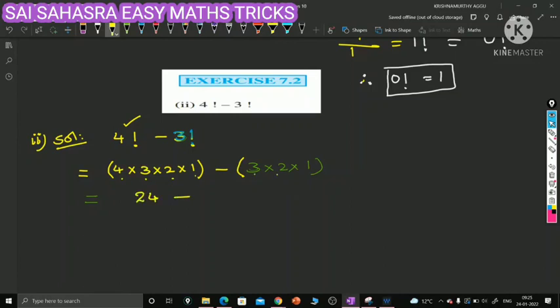Minus 3 into 2, 6, 6 into 1 will be 6. Finally, you can write 24 minus 6 is what? 18, isn't it? Therefore, 4 factorial minus 3 factorial gives us how much? 18.